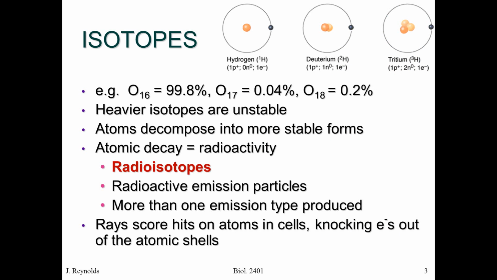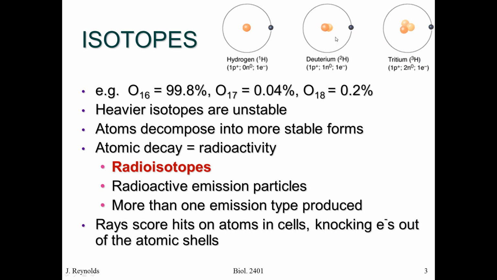Atoms of the same element can exist in different forms. They're called isotopes. So you see here 3 different isotopes of hydrogen. The most common is the one I was just talking about, with an atomic number and an atomic weight of 1. 1 electron, 1 proton, no neutron.